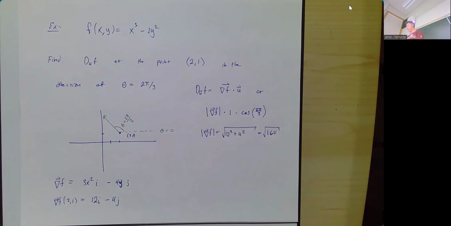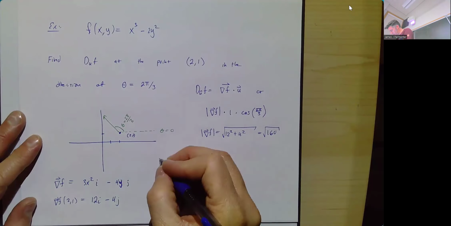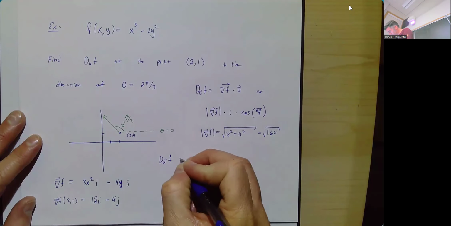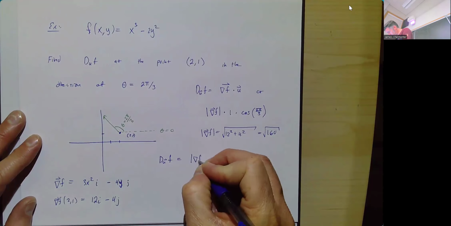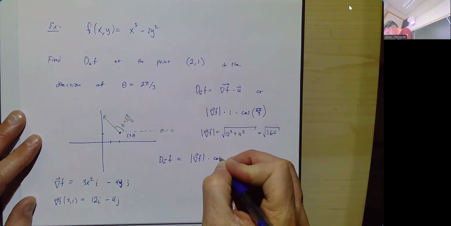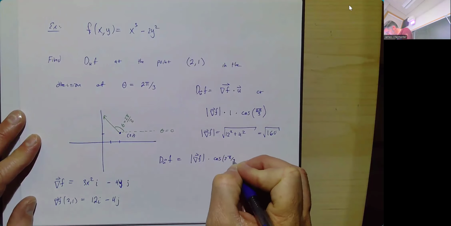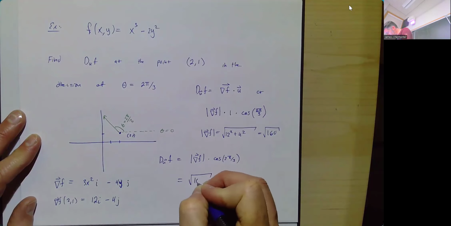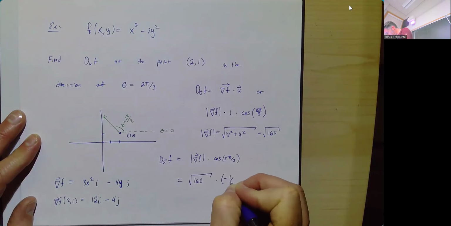And then we have to multiply that by cosine of 2 pi over 3, which we are expected to know. So I'll remind everybody that cosine of pi over 3 in quadrant 1 is positive 1/2. Cosine of 2 pi over 3 is negative 1/2. That's going to end up being the square root of 160 times negative 1/2.